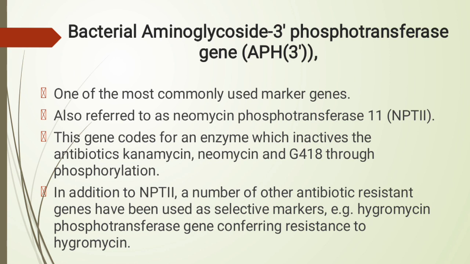This gene codes for an enzyme which inactivates the antibiotics kanamycin, neomycin, and G418 through phosphorylation. In addition to NPT II, a number of other antibiotic-resistance genes have been used as selective markers, such as the hygromycin phosphotransferase gene conferring resistance to hygromycin.